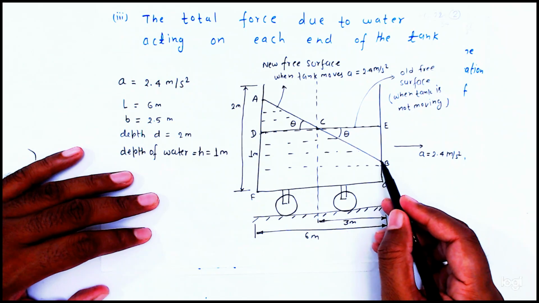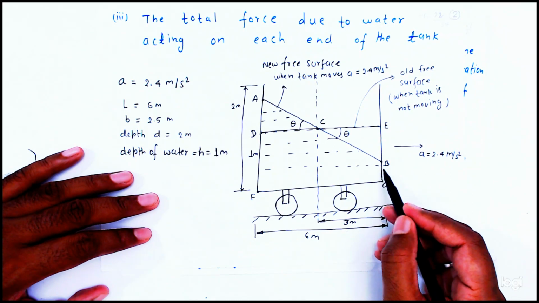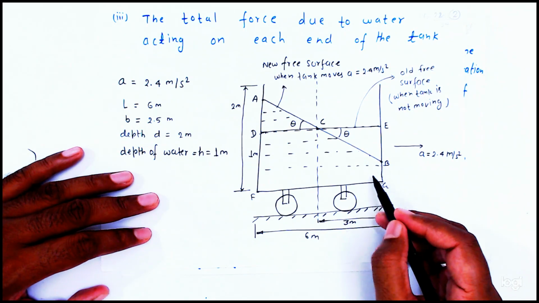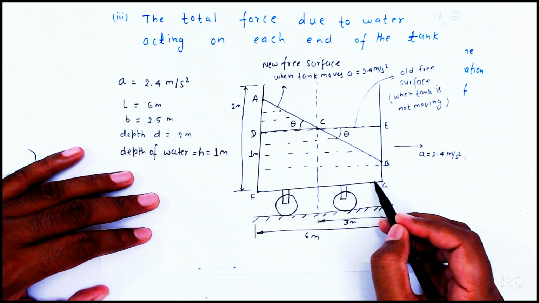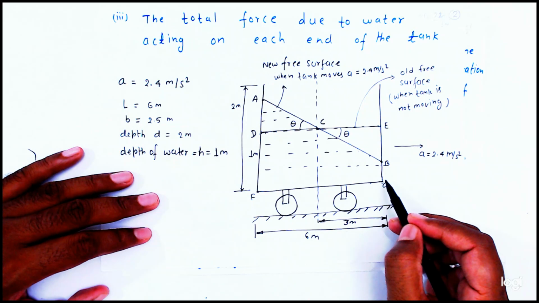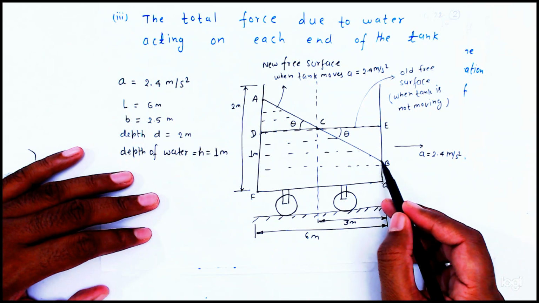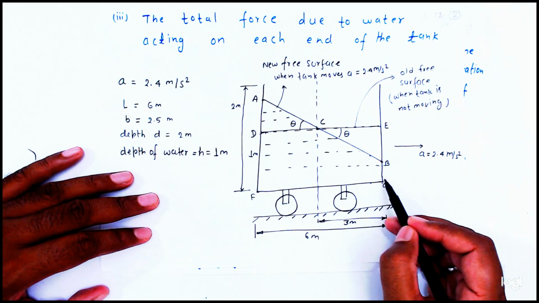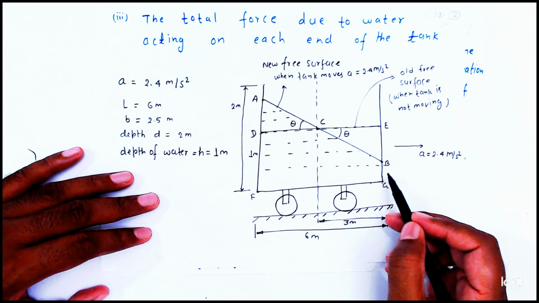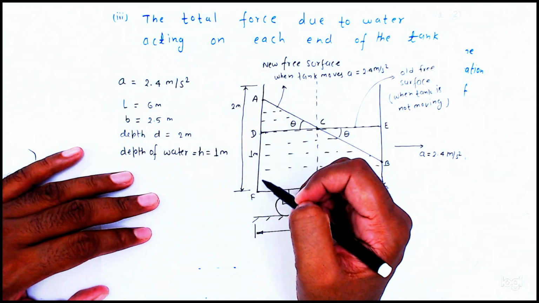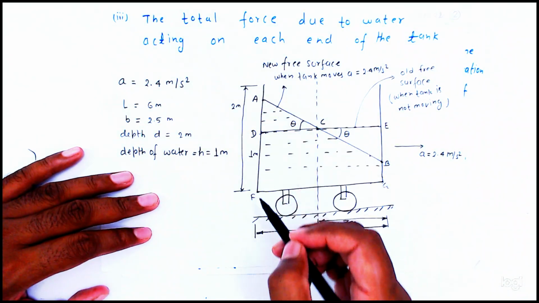So the minimum pressure intensity is at the front end, because the liquid level is very less there, and here the liquid level is more, so pressure intensity will be more.